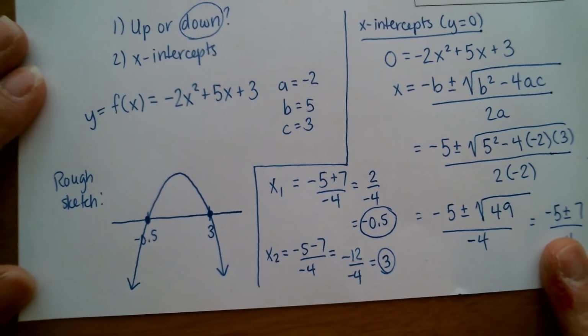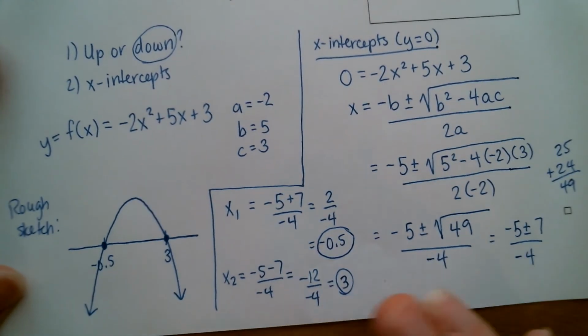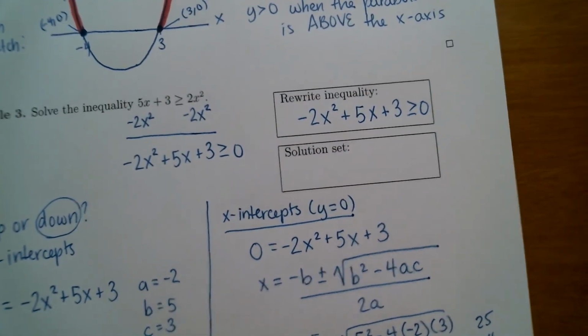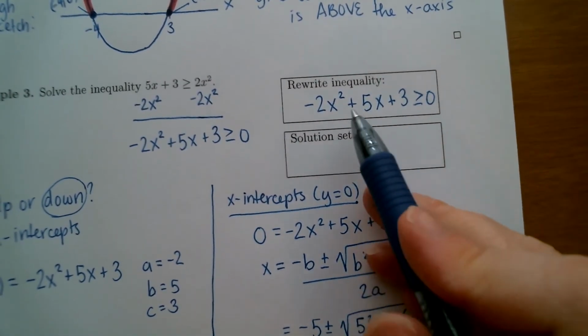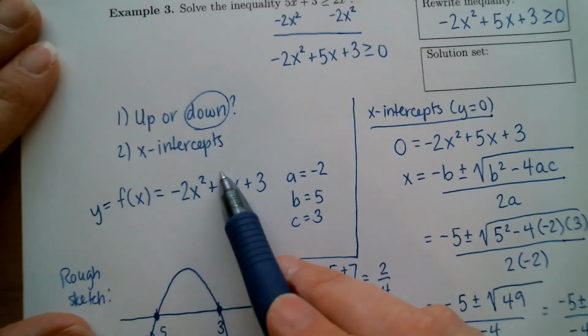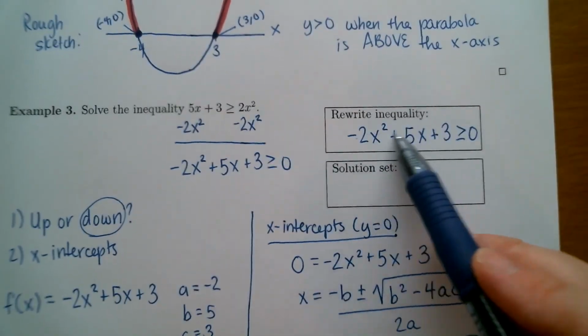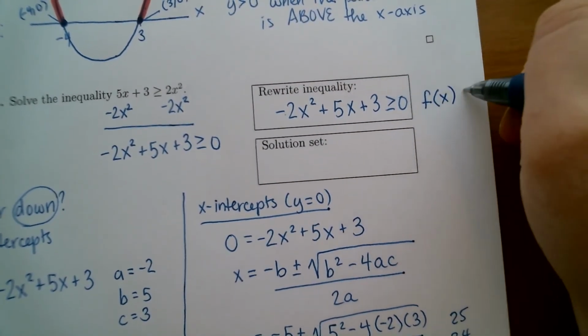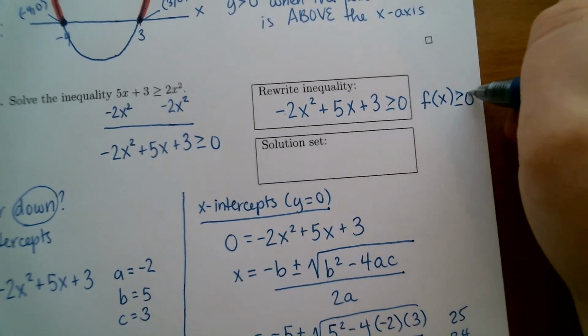Let's go back to our inequality to figure out if we need to be looking above the x-axis or below. Remember, our f of x is this part. We need to figure out where f of x is greater than or equal to 0.